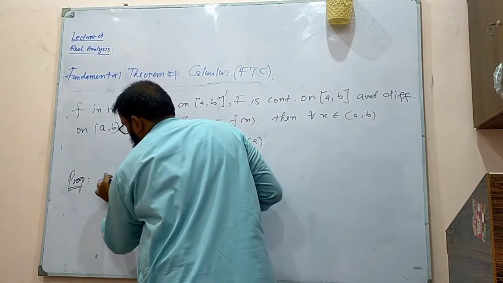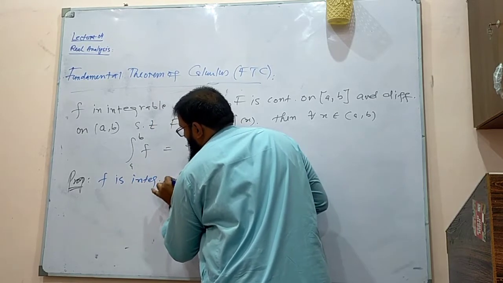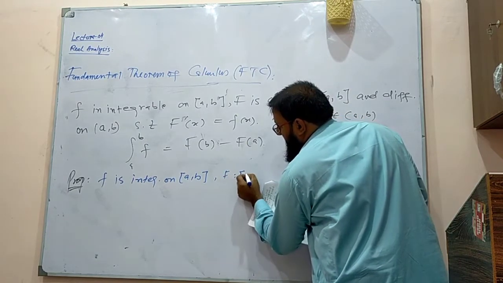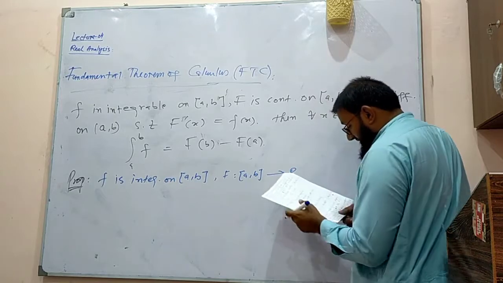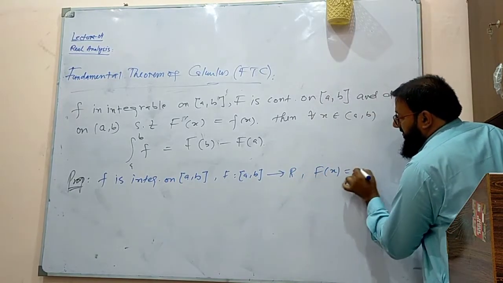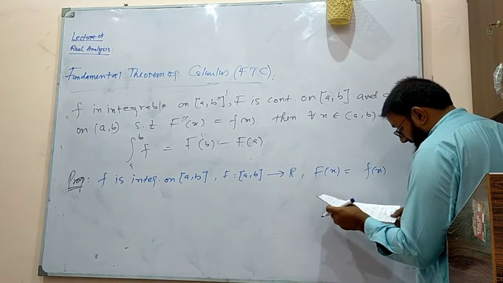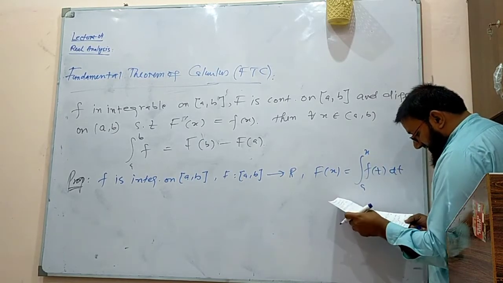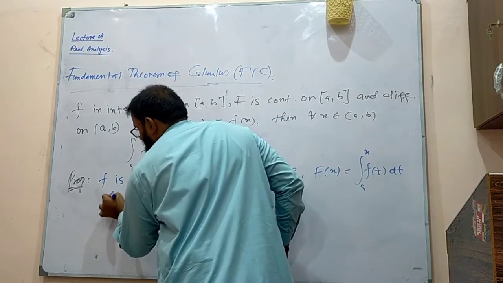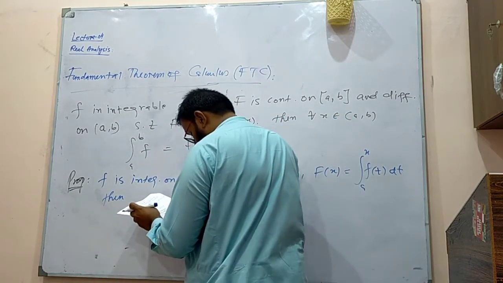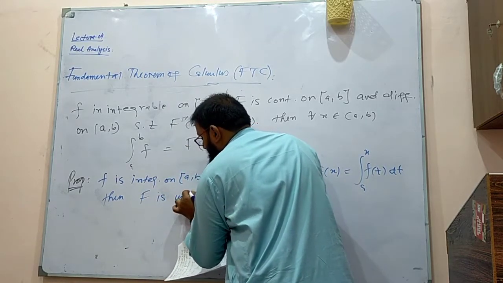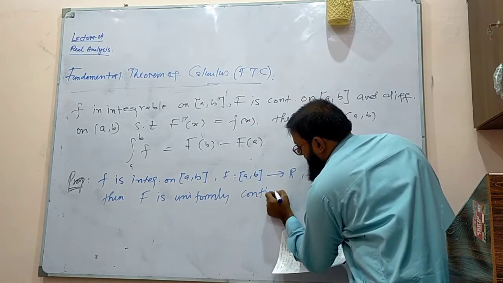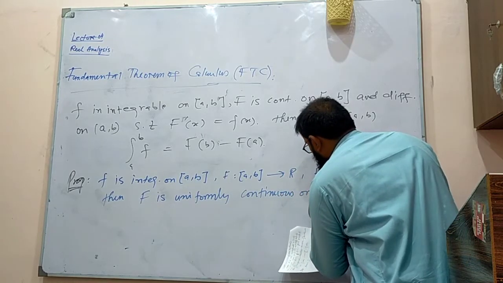It says that f is integrable on this interval, and we have capital F which runs from this closed interval to the set of real numbers, such that capital F is equal to, you take small f and you integrate from a to x, then capital F is uniformly continuous on this closed interval.